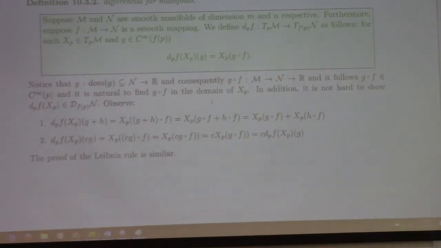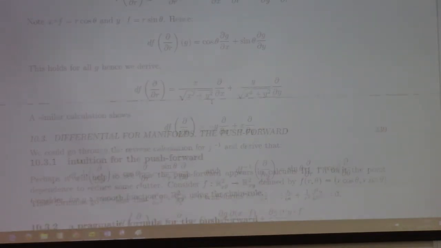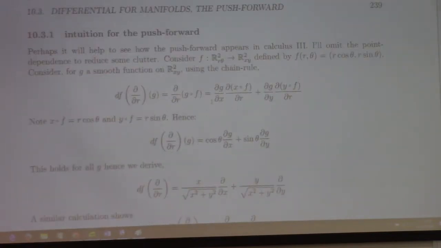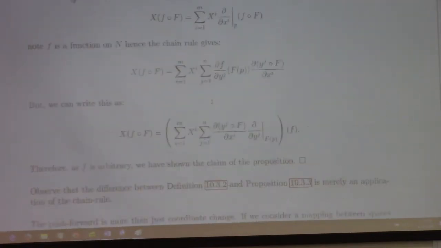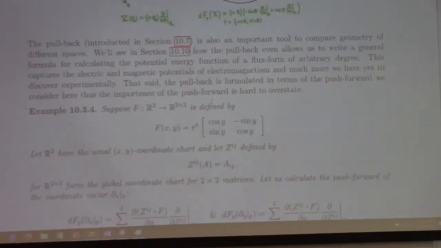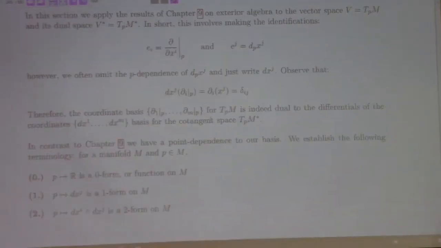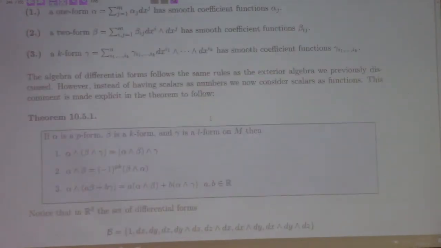So anyway, yes, Sam, I will post these. And just to show you where we're going with them, these things are actually all in McNerney.